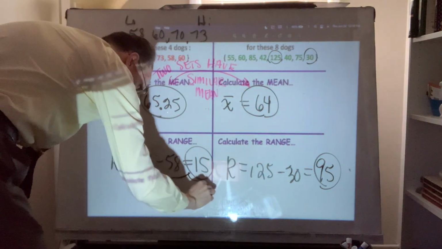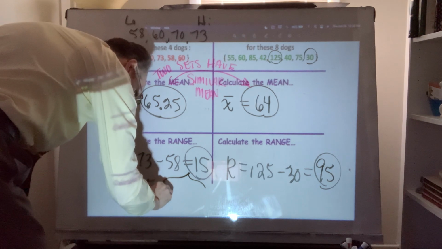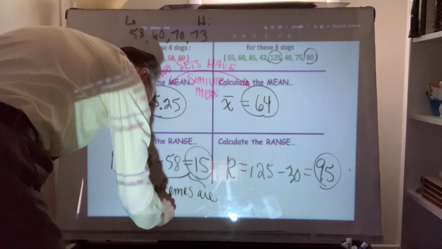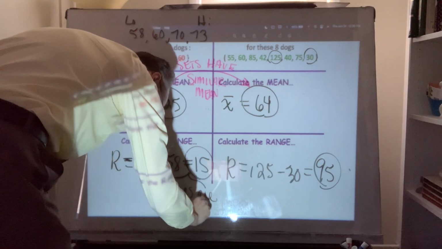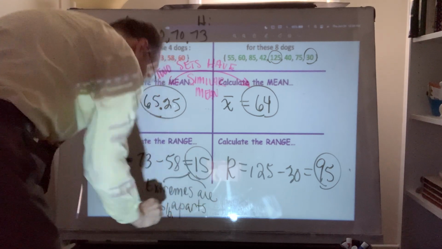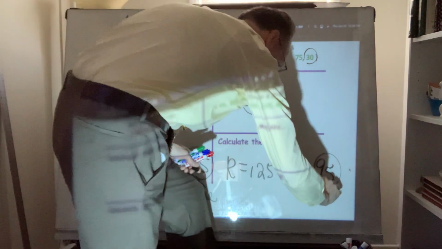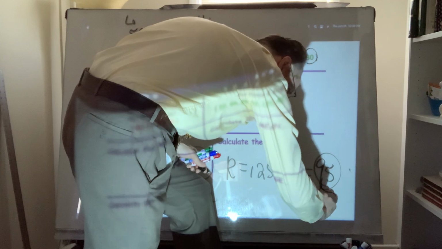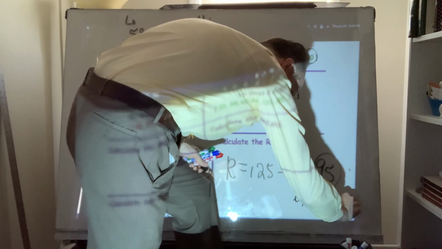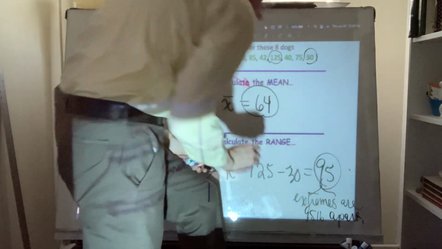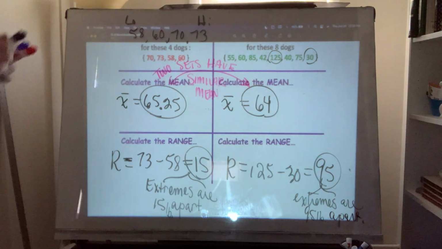It means that the extremes are 15 apart, whatever that unit is, 15 pounds apart. And in this instance, the extremes are 95 pounds apart.